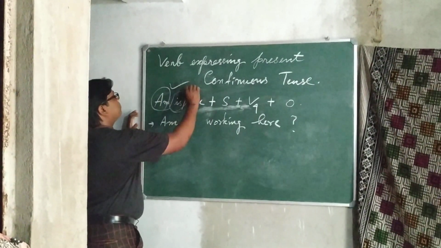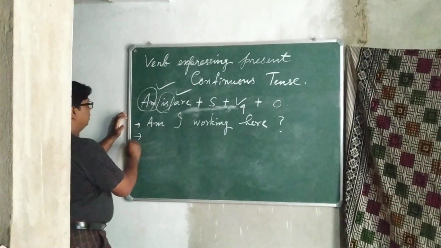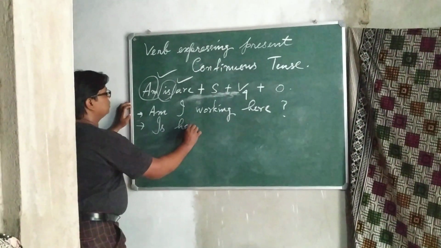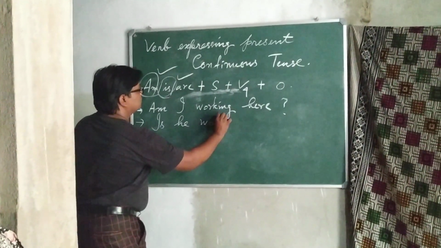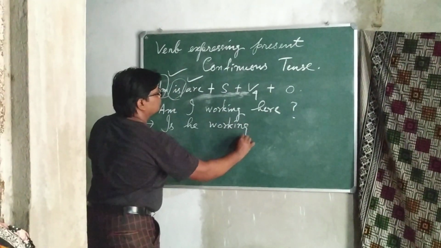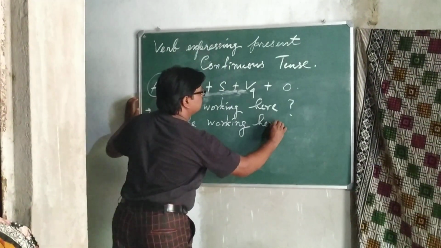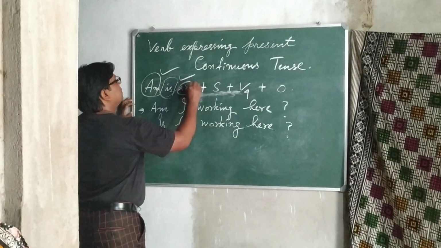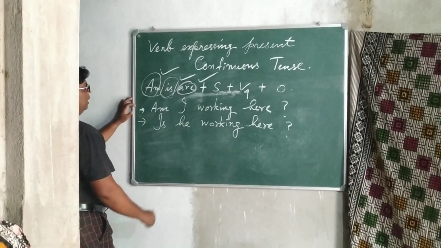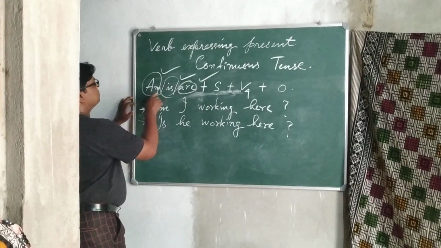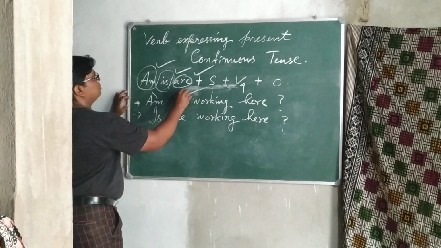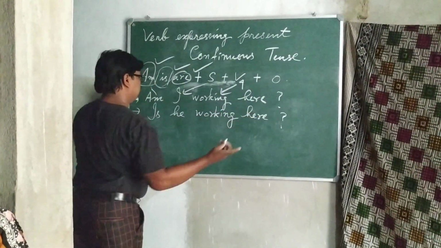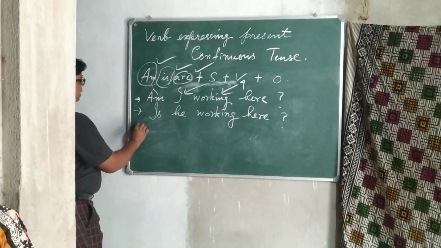Now uses of is. Is he working here? Here is comes first, then the subject, then V4, and then the object.